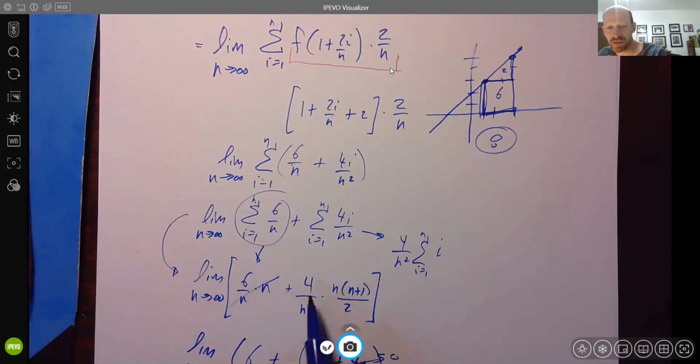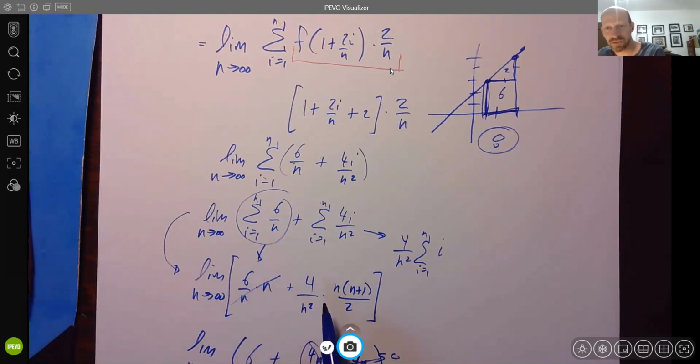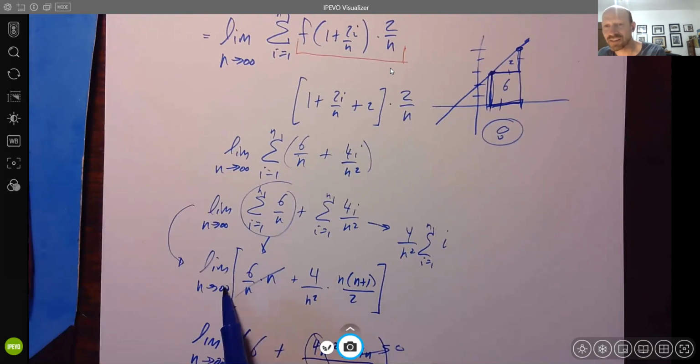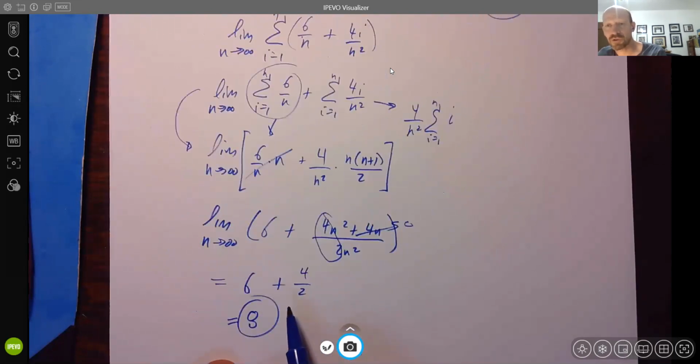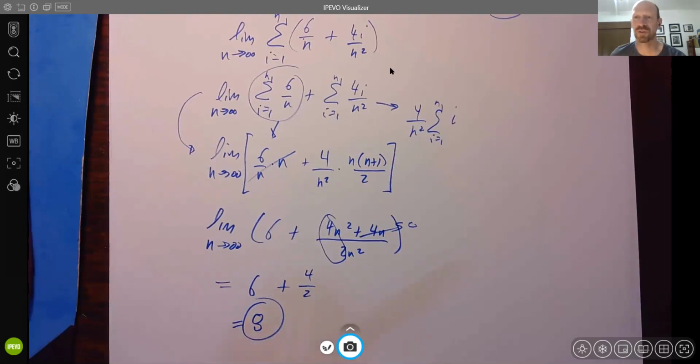If I replace n with those numbers, that's going to give me the area approximated by adding up those rectangles. And what's amazing is if I can take the limit, which I can, it actually gives me a value. So 1,000,000 rectangles won't get me quite to 8. It'll be really, really close, but it won't get me there. But the limit tells me where those are going towards. It tells me the value that I'm heading towards, which is 8.